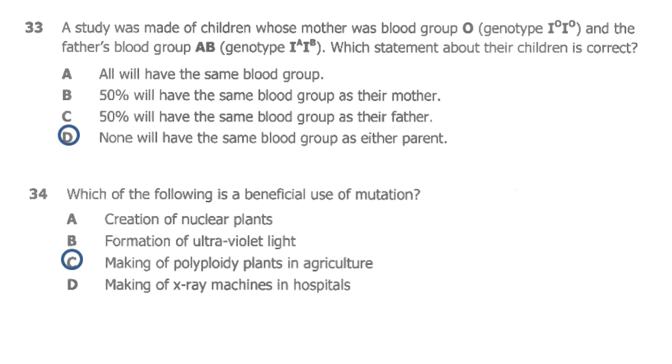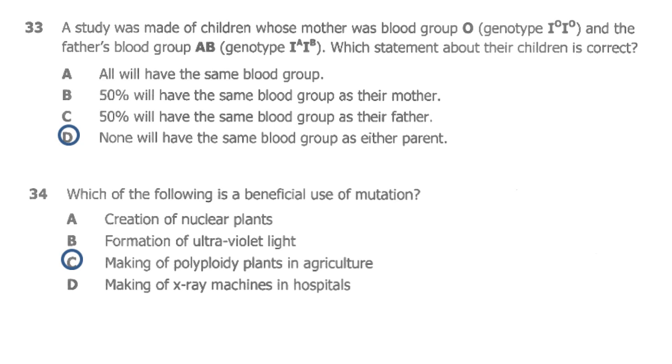So the benefit will be C, making of polyploid plants in agriculture. In agriculture, for them to make these plants, sometimes they have to use mutation to make these big plants.